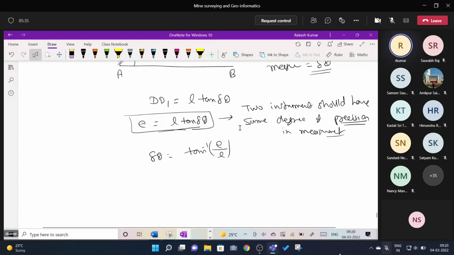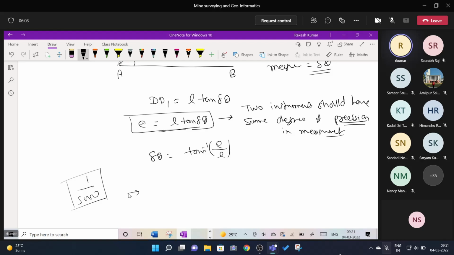So now, if I say my linear measurement instrument has an accuracy of 1 upon 5000. You are doing the survey, and somebody says your linear measurement instrument should have this accuracy of 1 upon 5000. So now it's up to you what angular measurement instrument you will select.